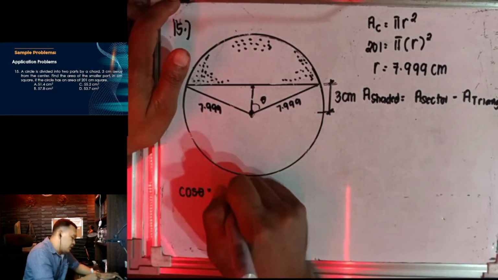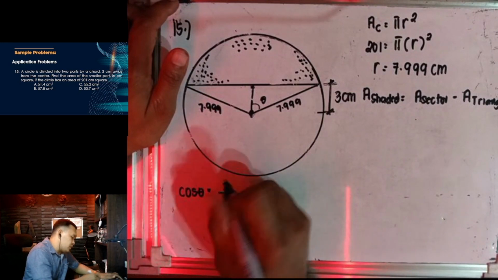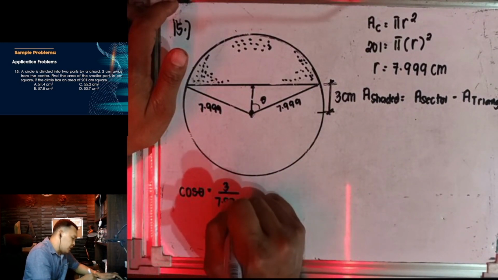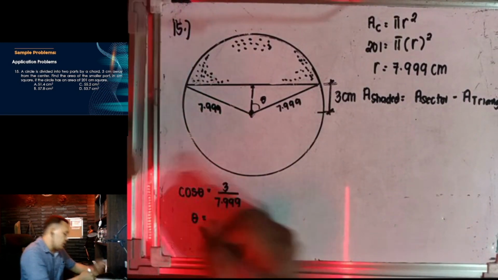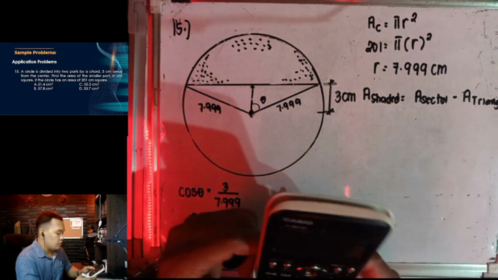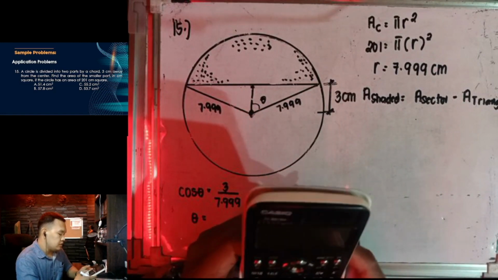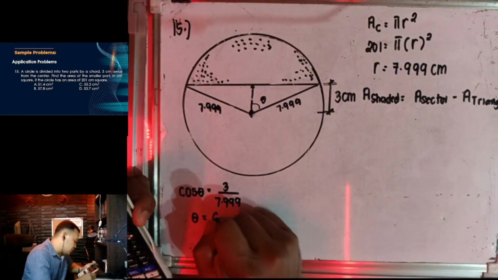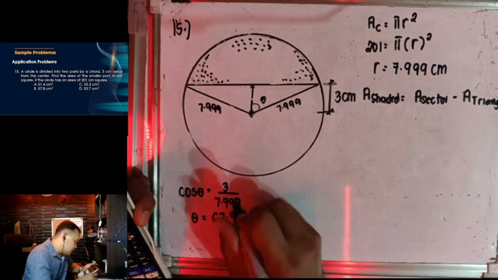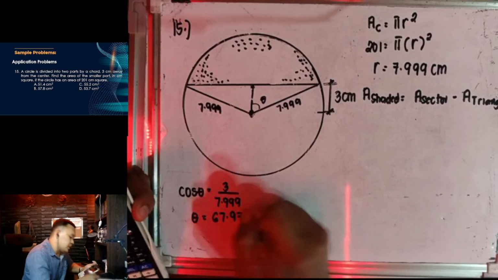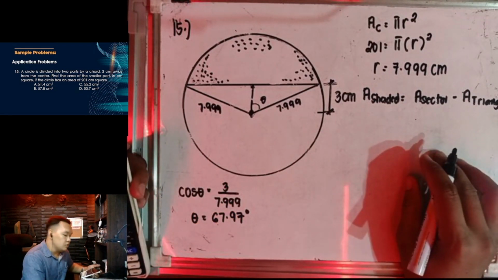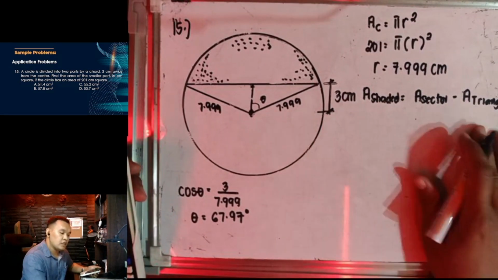So, we have here adjacent, which is 3, over hypotenuse, which is 7.999. So, theta is equivalent kay arc cosine 3 all over 7.999. So, we have here angle 67.97 degrees.